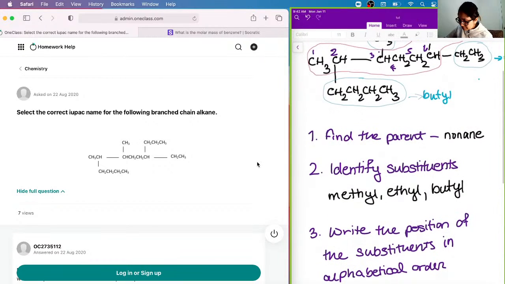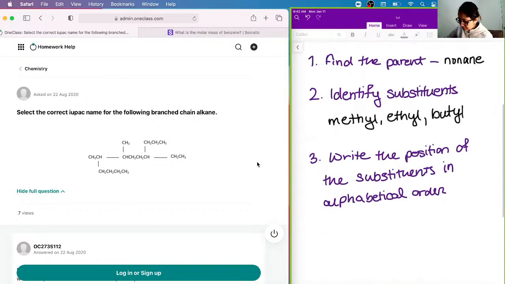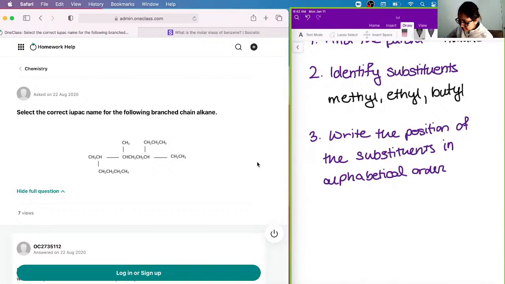And so you can see that butyl is attached to the second carbon. So we can say our substituent position for butyl is 2-butyl. So next, for our substituents, E comes before M, so the next would be ethyl.